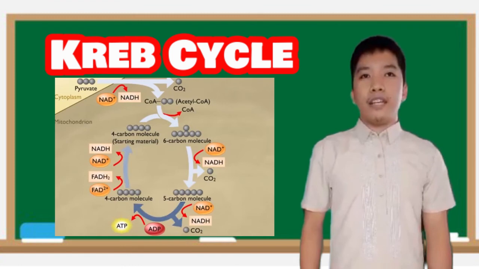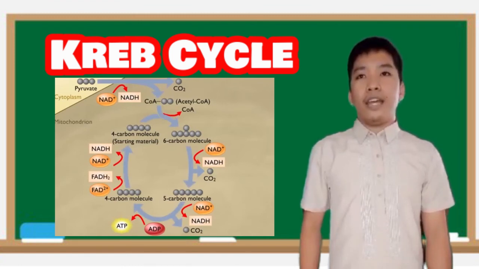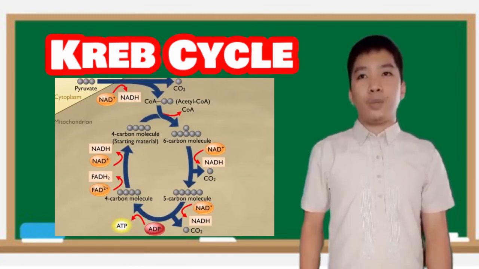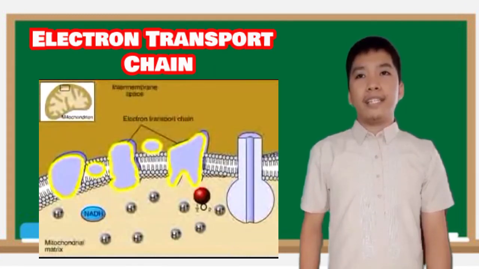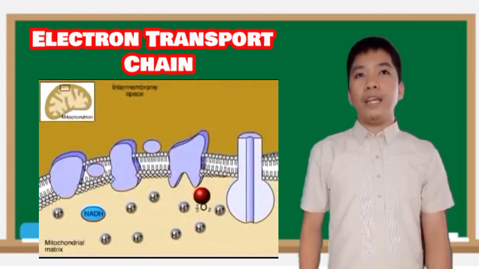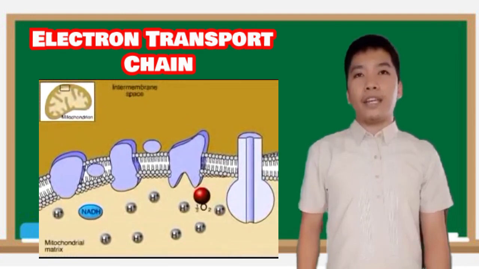The energy carrier molecules, which are the NADH and the FADH2, move on to the next stage, the electron transport chain. You may be wondering where the hydrogens in glucose have ended up. Since a hydrogen atom is made up of 1 proton and 1 electron, the electrons are now part of the electron carriers, such as the NADH.